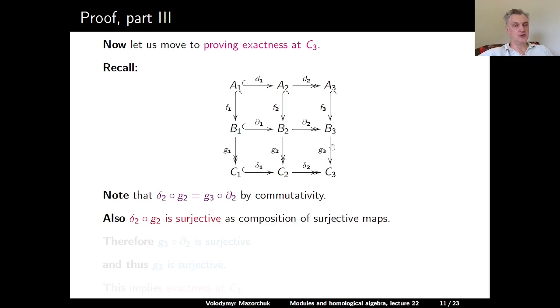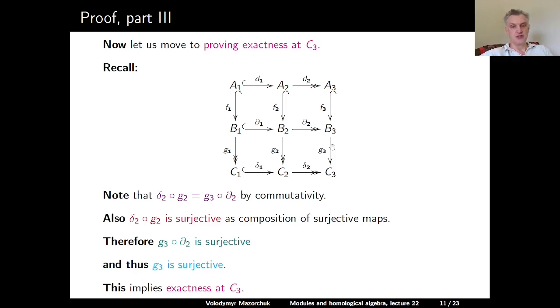Also, both delta 2 and G2 are known to be surjective by the assumptions. So their composition is surjective. The composition of surjective maps is surjective. But this means that G3 after partial 2 must be surjective, which implies that G3 must be surjective. So this implies exactness at the position C3.